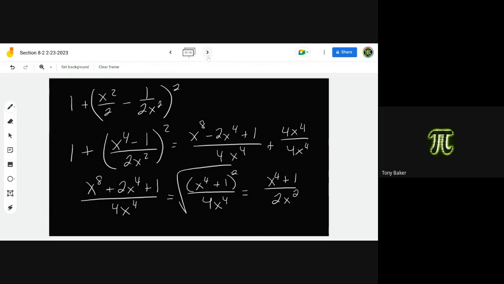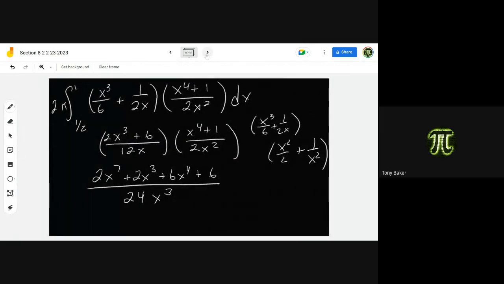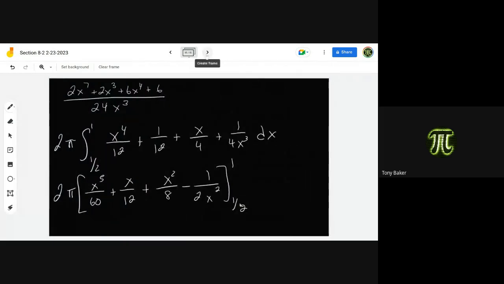I'd probably just... And then you can break this up. So I have individual fractions that I can do my integral of. So I got this. I didn't do the actual 1/2 and 1 yet, because it's just going to be a mess of fractions.